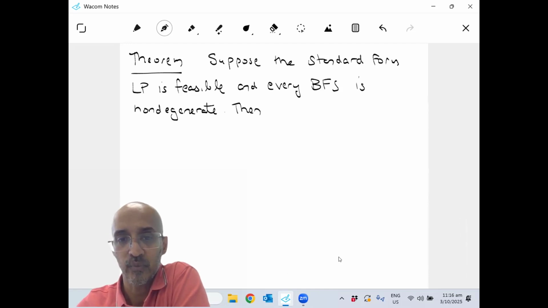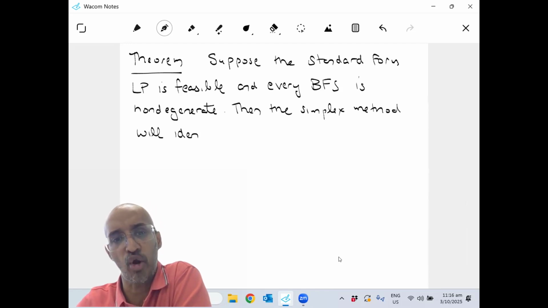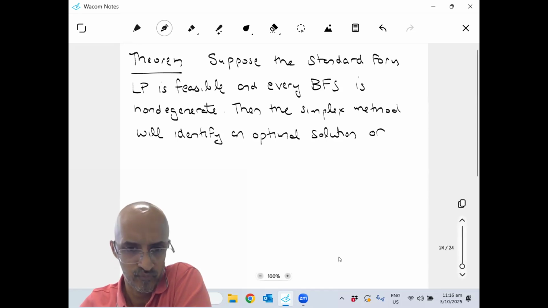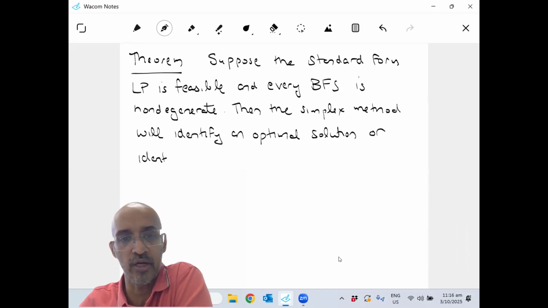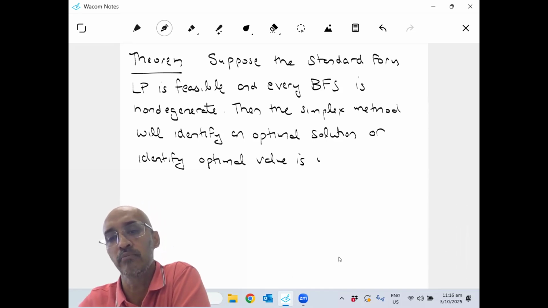Then the simplex method will identify an optimal solution, or identify the LP is unbounded, or identify the optimal value is unbounded.